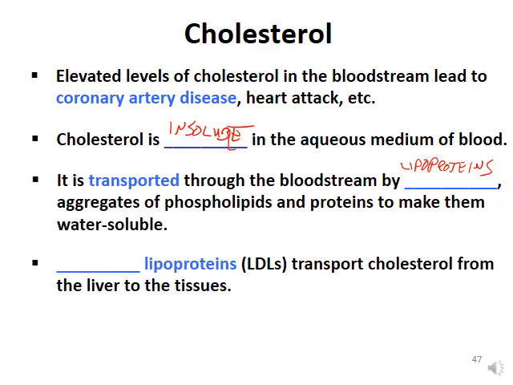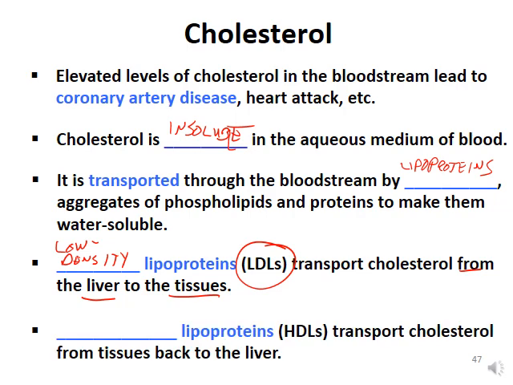Now we have low density lipoproteins, LDLs. They transport cholesterol from the liver to the tissues. And the high density lipoproteins, HDLs, transport the cholesterol from the tissues back to the liver.